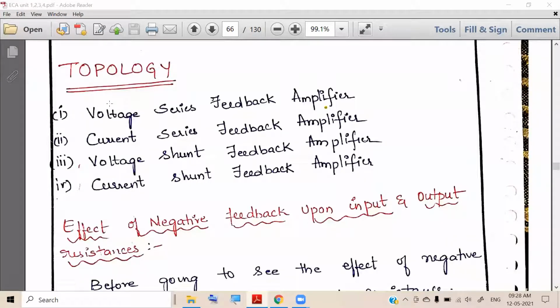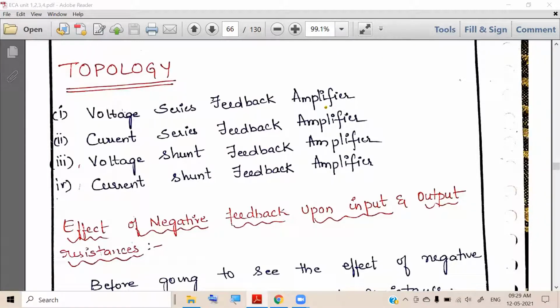The first term represents the type of sampling at the output. The second term represents the kind of mixing at the input. Feedback is from output to input, isn't it?